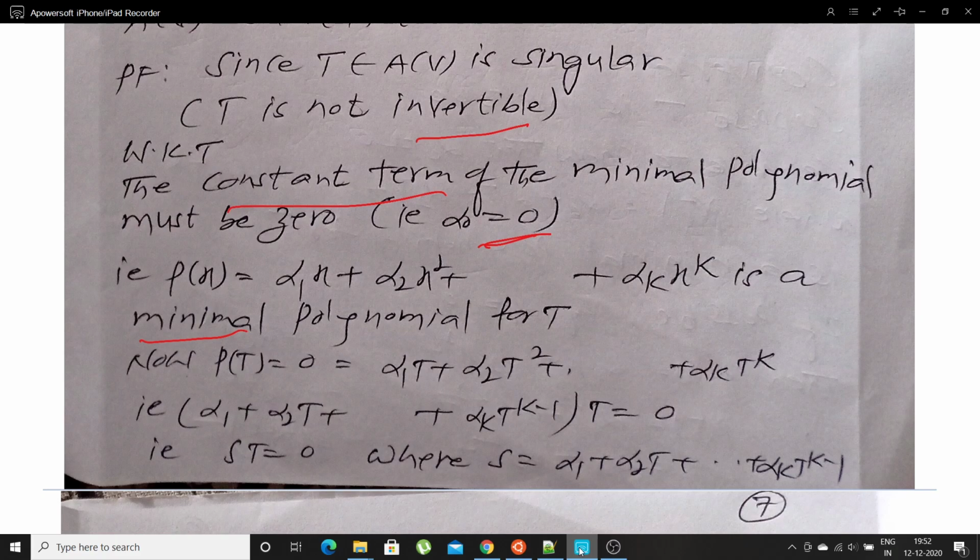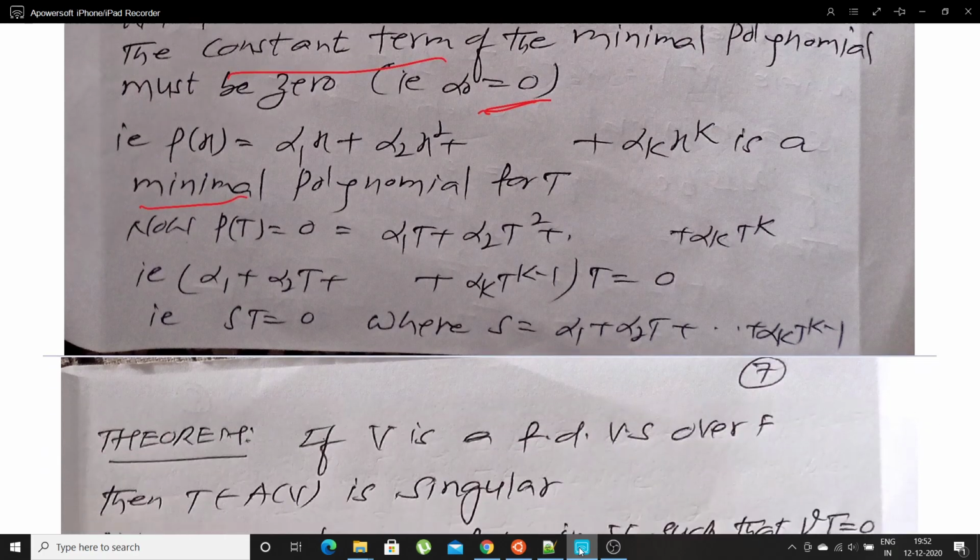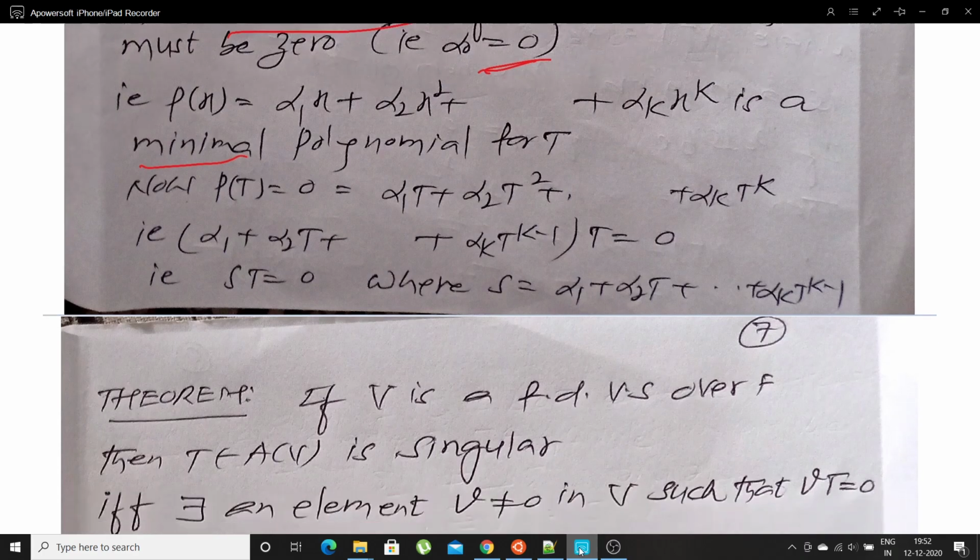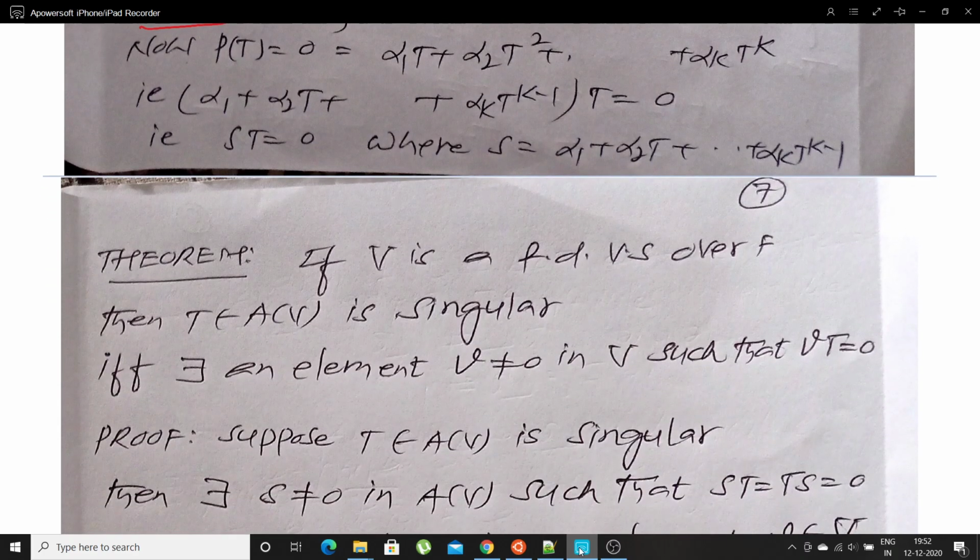Then only we call it a minimal polynomial. Since p(t) equal to 0, therefore what we get? That polynomial equal to 0, taking t common and replacing that bracket by s. What we get? St equal to 0. This completes the proof of the corollary.